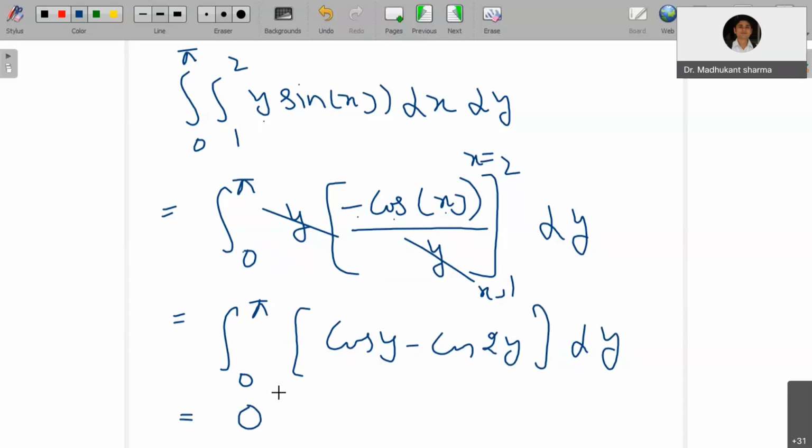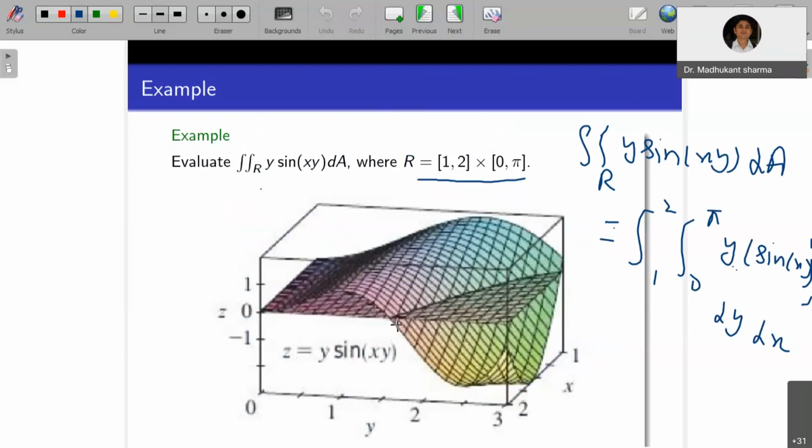If you look at the graphical view here, I have collected the graph from MATLAB. It shows that over the rectangle it has a negative part of z, because it does not lie completely above the xy plane. So whatever you get is getting cancelled out, and you are not getting the volume.